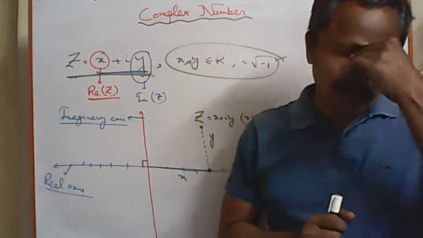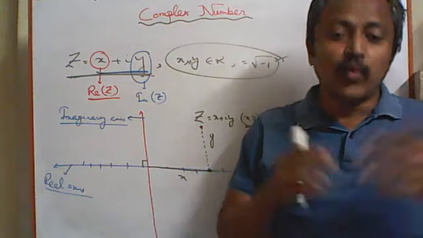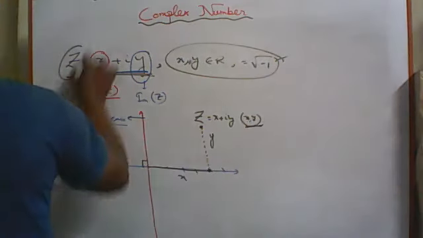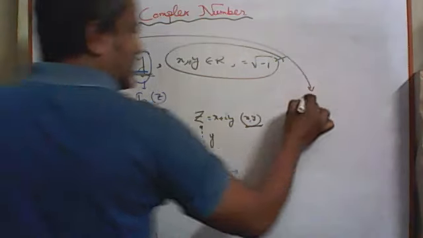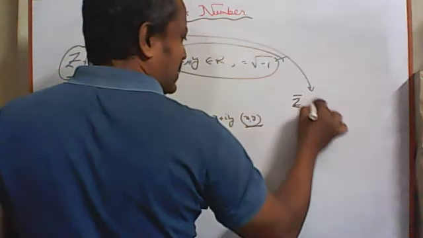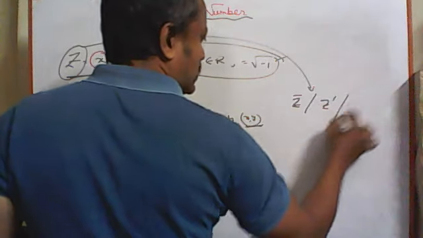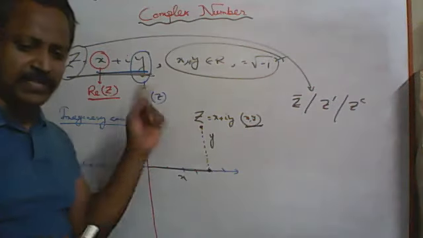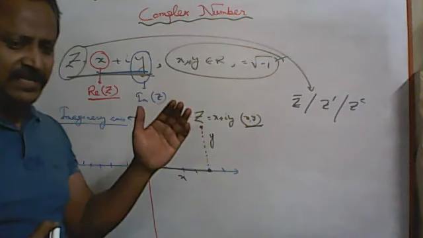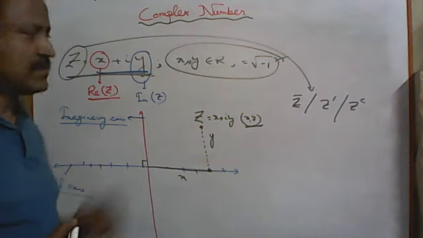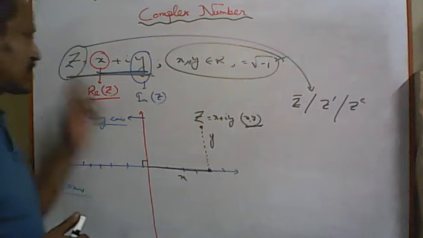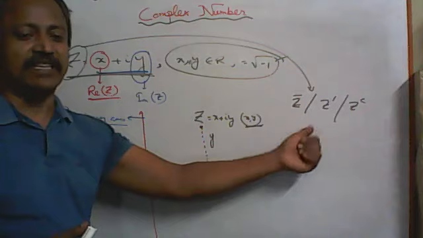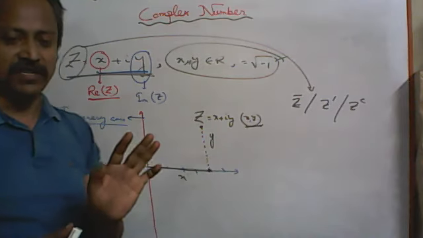So first of all, let us introduce the notation of the conjugate of a complex number. For the complex number Z, its conjugate is in general denoted by Z dash, Z bar or Z power C. These are the general notations.